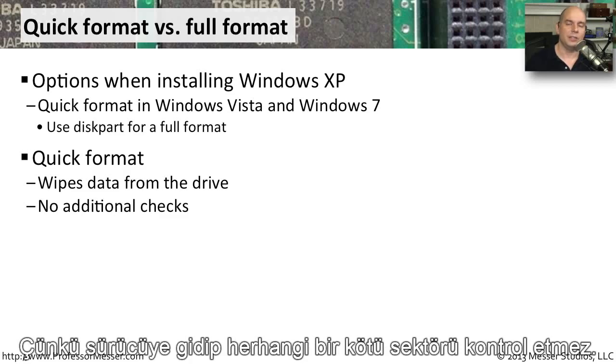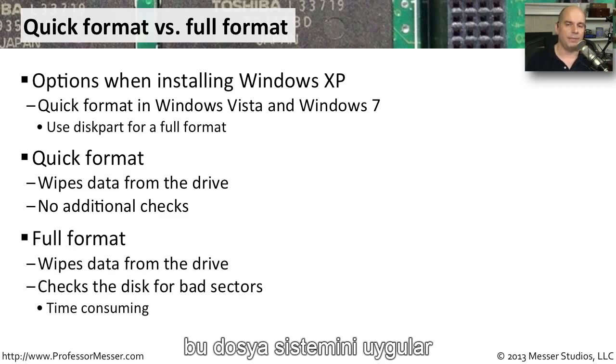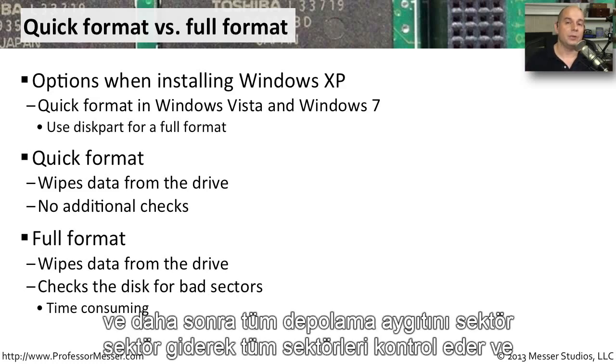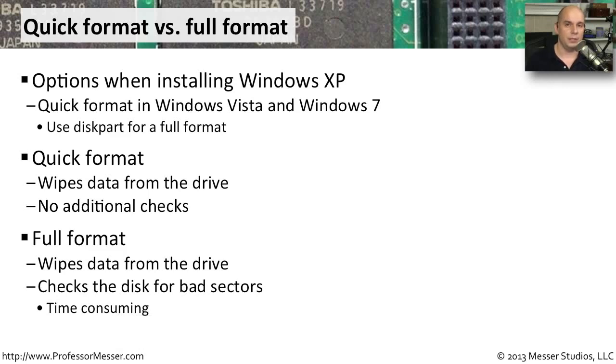That's because it doesn't go through the drive and check for any bad sectors. A full format is one that, of course, is putting the new file system on, so it's wiping data and is putting that file system in place, but then it goes sector by sector through the entire storage device to check all of the sectors and make sure that the entire storage device is ready to have data written to it.